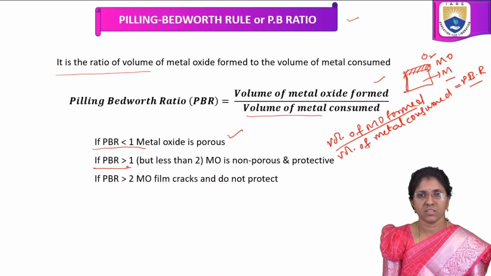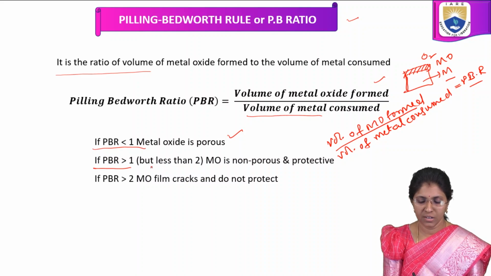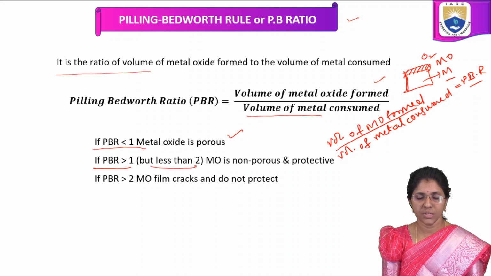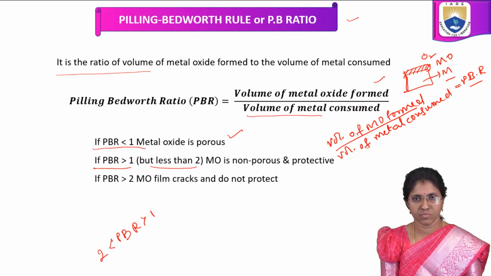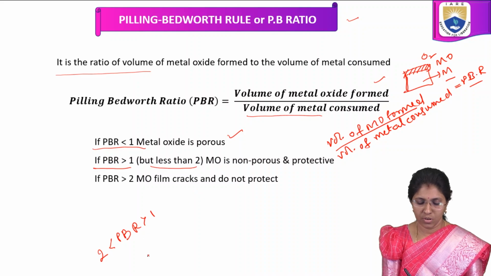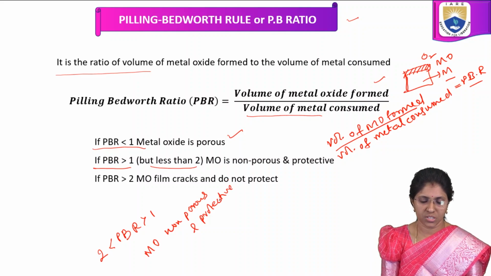If the Pilling-Bedworth ratio is greater than 1 but less than 2, the metal oxide formed is non-porous and acts as a protective layer.